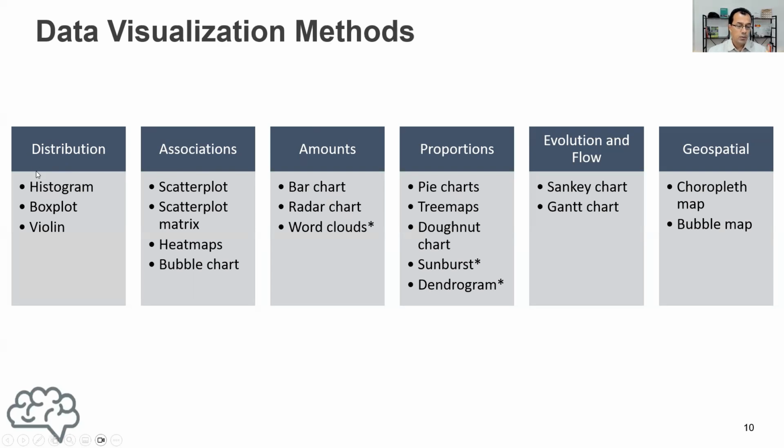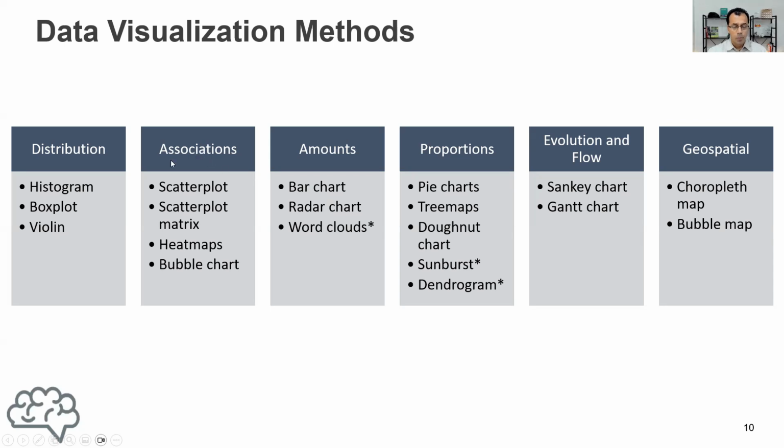So data distribution here, I am basically referring to visuals that allow us to see how one specific variable is distributed in the space. And to do so, we can use the histogram or the box plot or the violin plot. These are the three ones that we are going to review here. Then we are also going to talk about the associations.